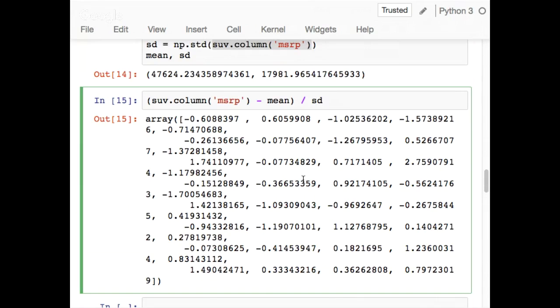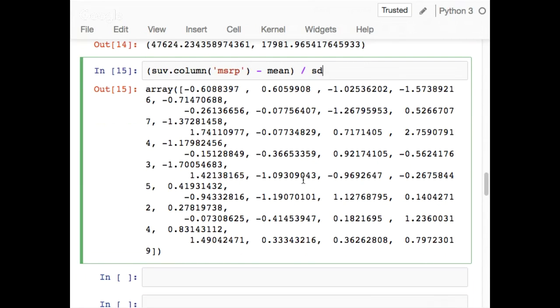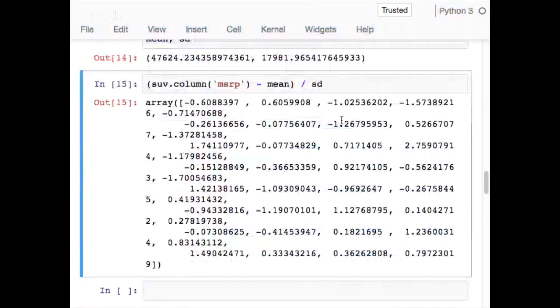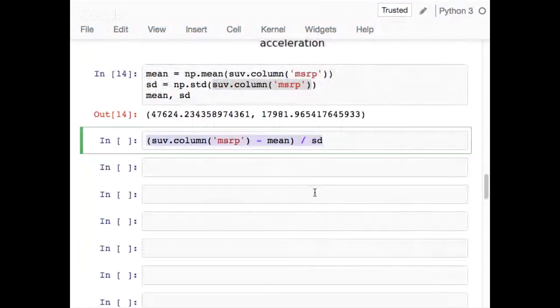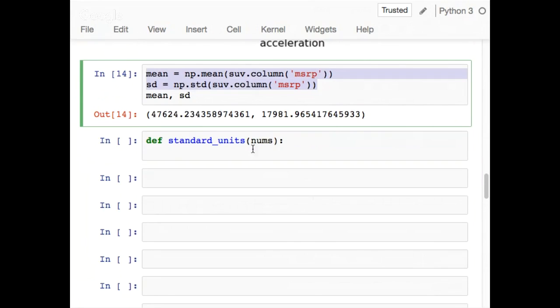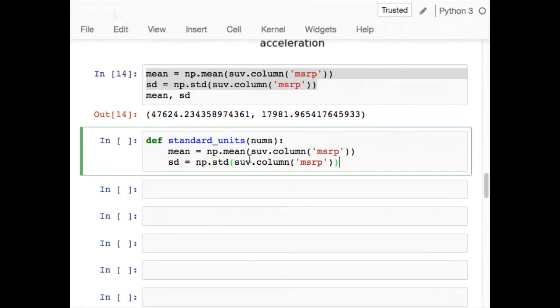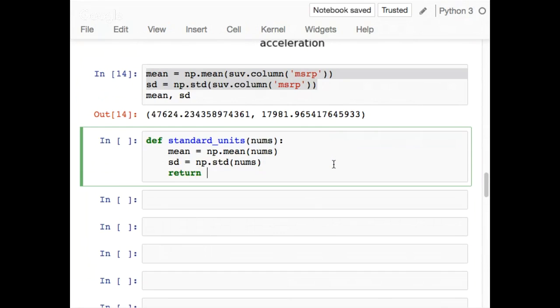I want to do this a bunch of times today, so I'm going to write a function to do that for me. Let's call this function standard units. We can convert any set of numbers to standard units. So if I pass in any set of numbers, nums, I want to return nums minus mean divided by the SD, just like that.